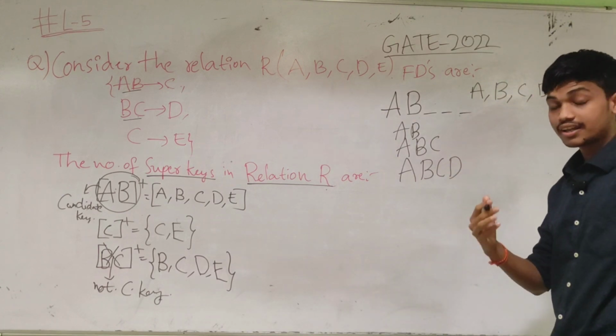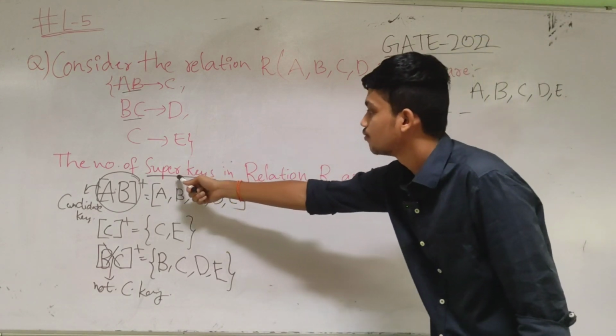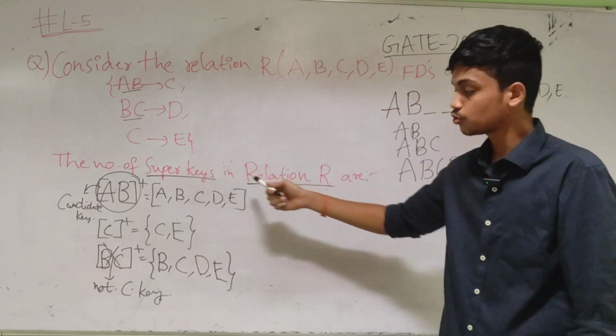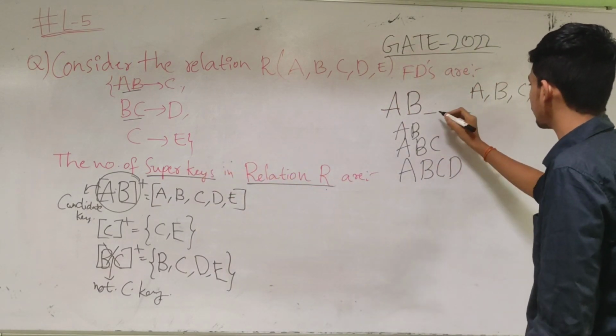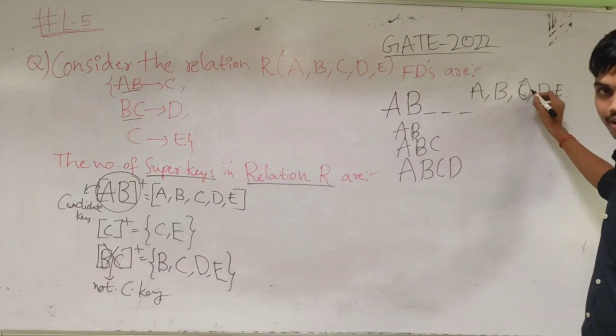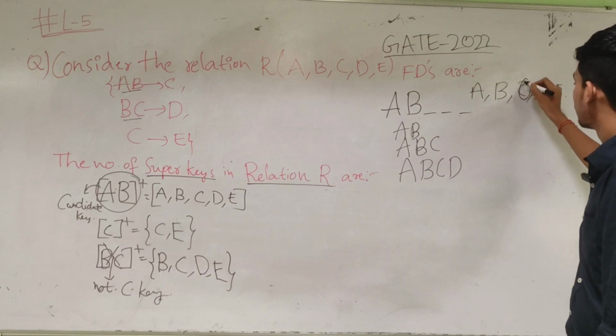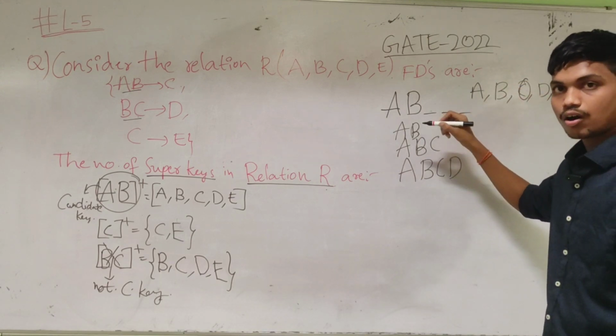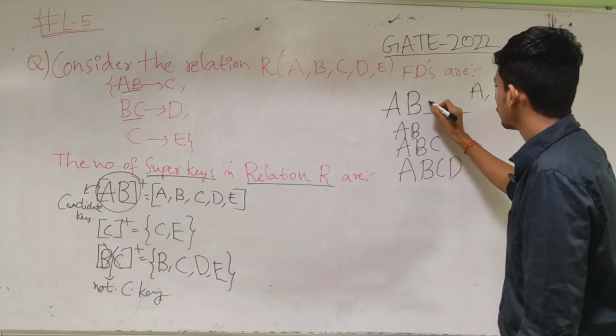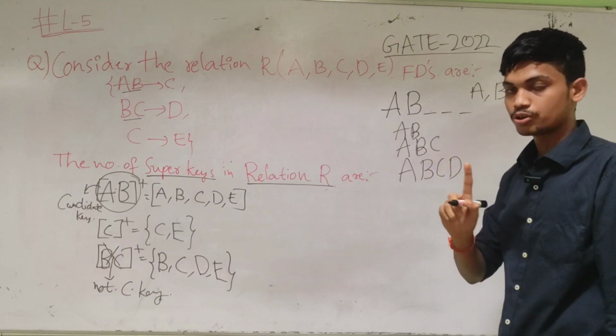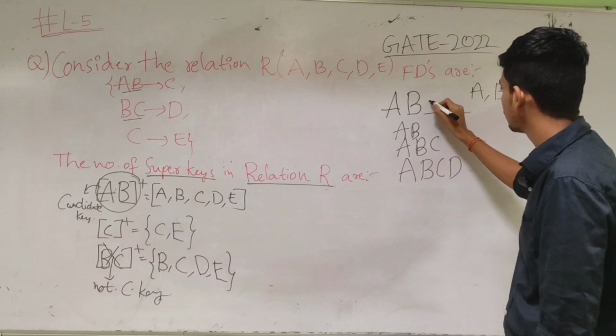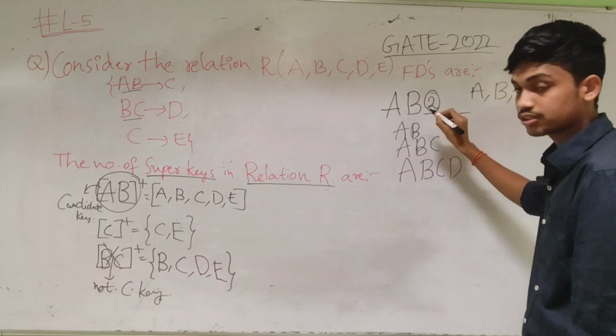How many possibilities will come? They are asking for the number of super keys. So I am going to do it in this way. First, I take the C attribute. We can place C here, that is one possibility, or we can't place C here, that is another. So 2 possibilities for this place.